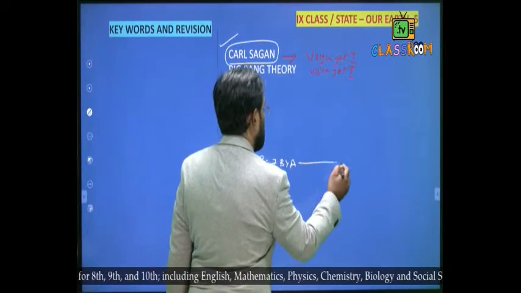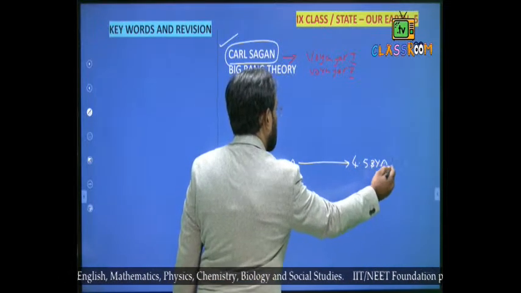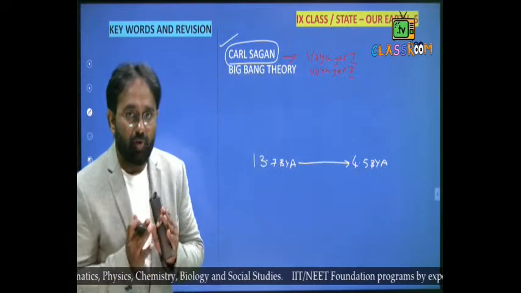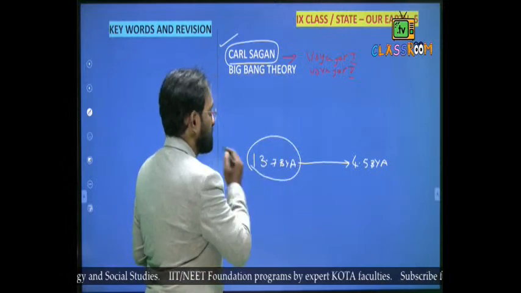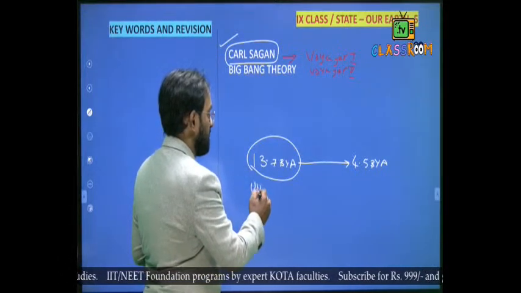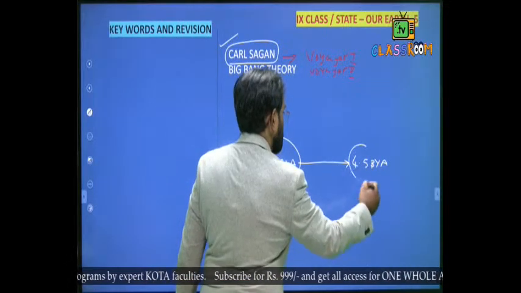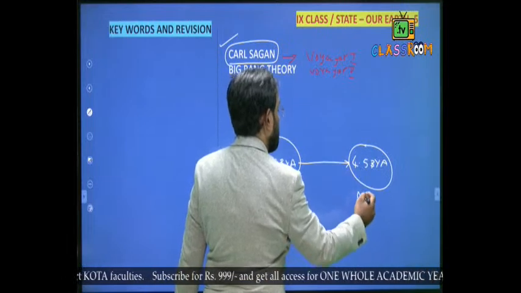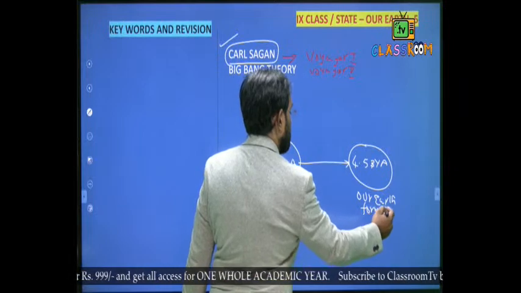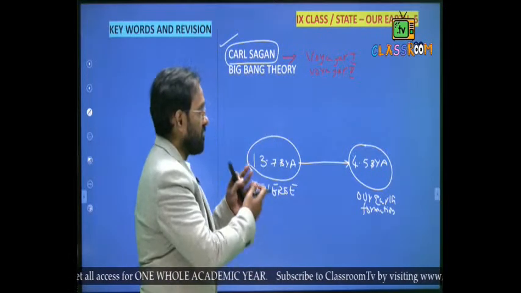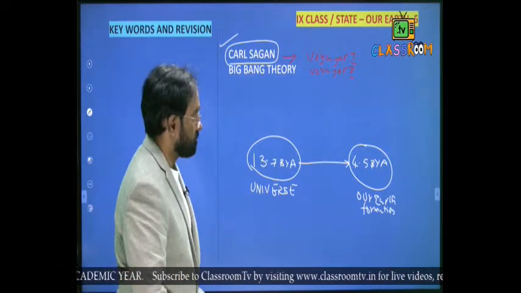So from 3.7 billion years ago to 4.5 billion years ago, how do you differentiate? 3.7 billion years ago was the time when the universe came into existence, and 4.5 billion years ago we talk about our earth formation finally taking place. So here, how much of a gap? 3.7 billion years ago and 4.5 billion years ago.